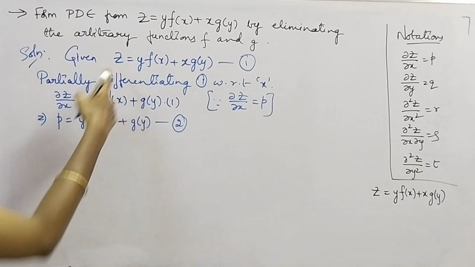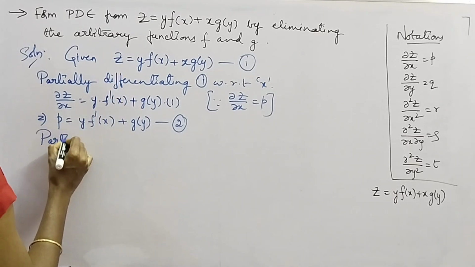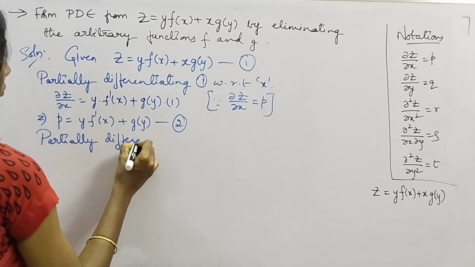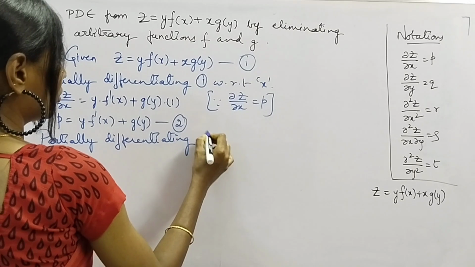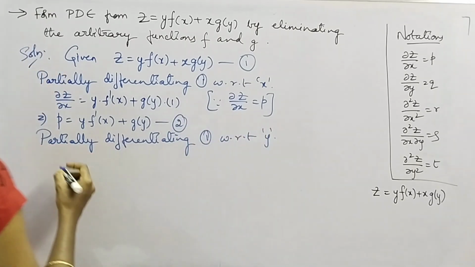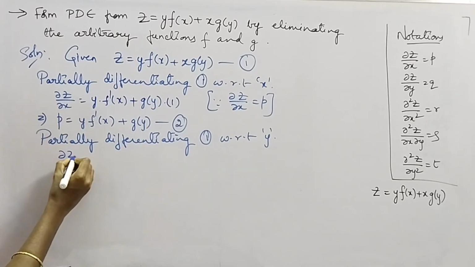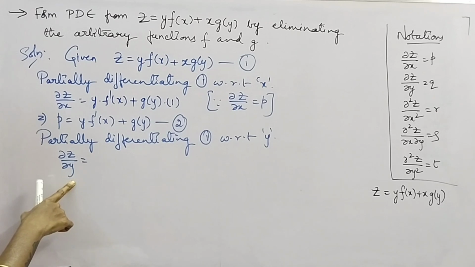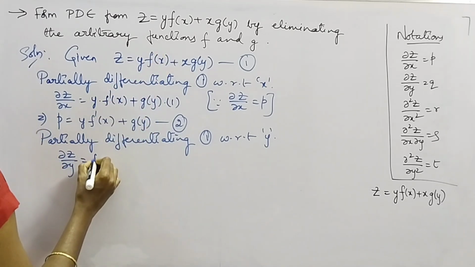Now let's partially differentiate 1 with respect to y. Just apply dou by dou y on both sides of this equation. Since we are partially differentiating with respect to y, we have to treat x as constant. In the first term, we will treat f of x as constant.